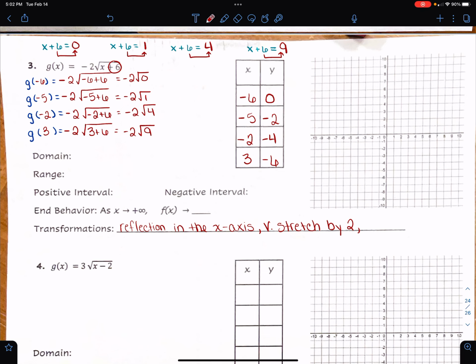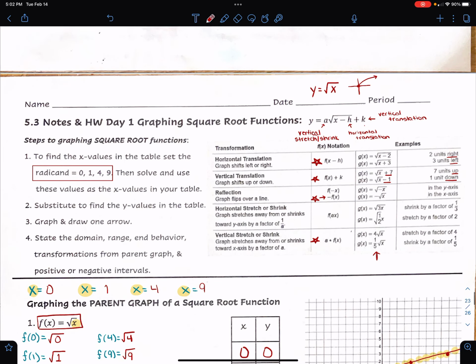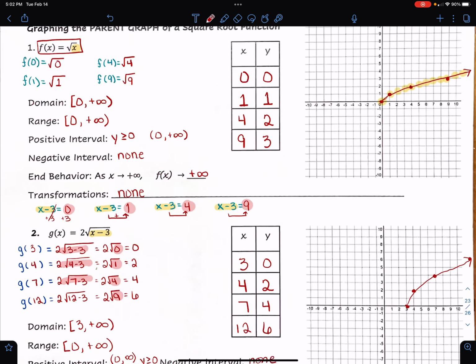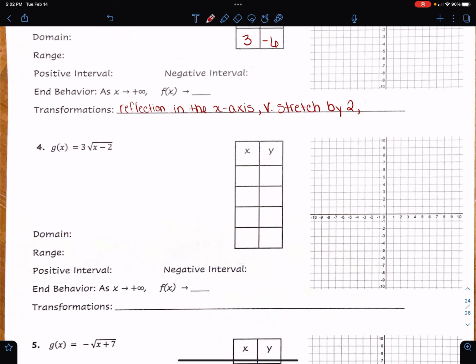So if you went back up to the table, that positive 6 under the radical is similar to this one here, which means it's going to move to the left. Okay. So it is going to be a horizontal shift or horizontal translation, either word, left 6.